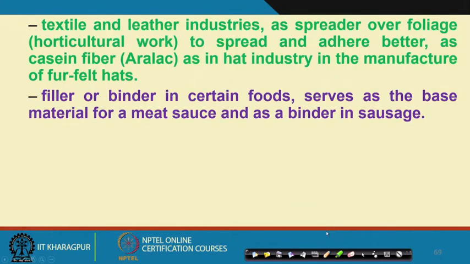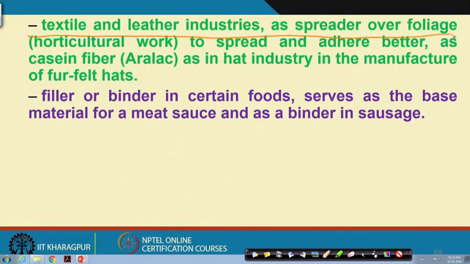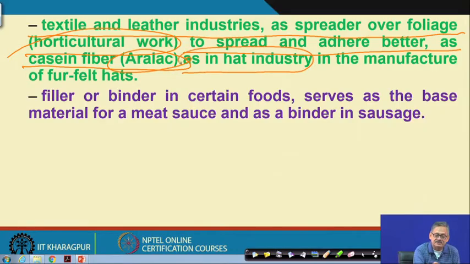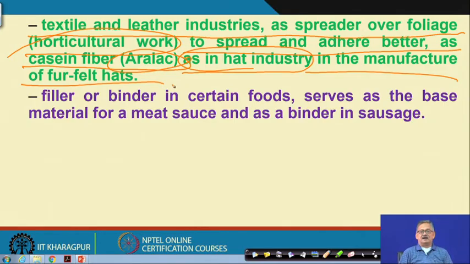Then we come to the other use, that is, it is also used in textile and leather industries as a spreader over foliage, that is horticultural work, or to spread and adhere better, as casein fiber or aralac, or in the hat industry, in the manufacture of fur felt hats, right.